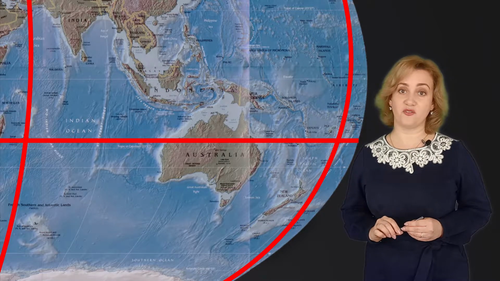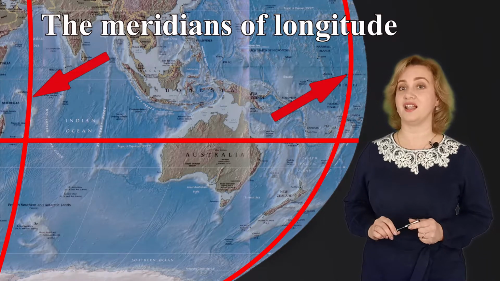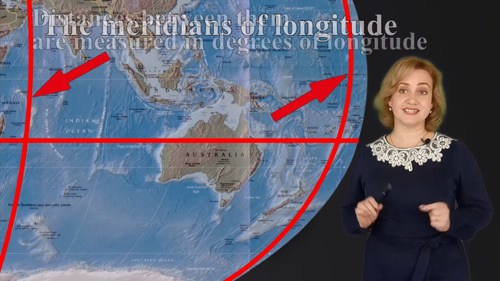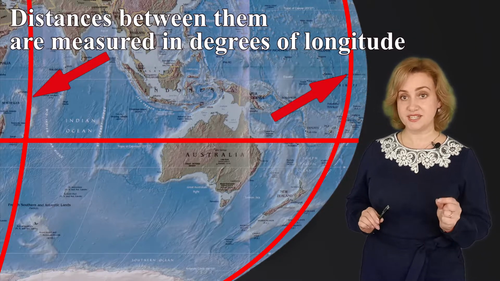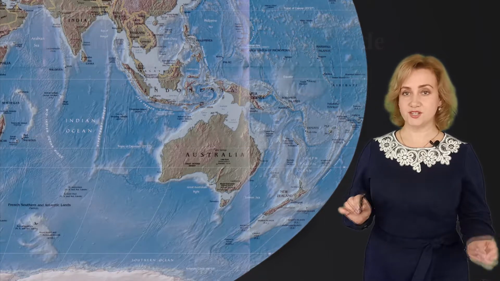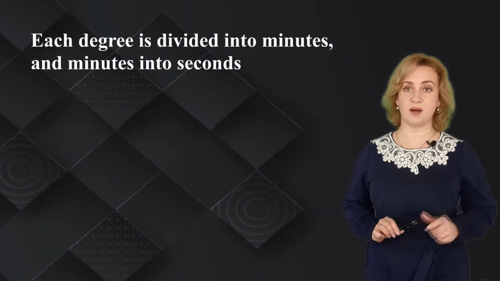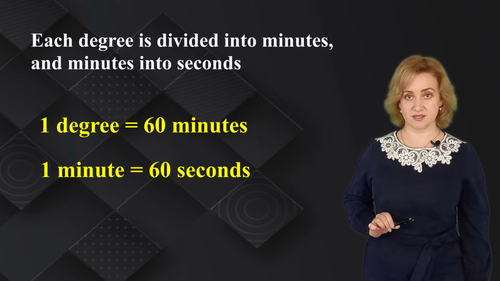These lines of reference are called the meridians of longitude, and the distances between them are measured in degrees of longitude. Each degree is further divided into minutes and minutes into seconds.